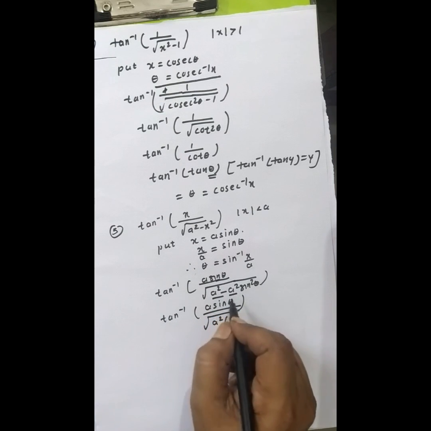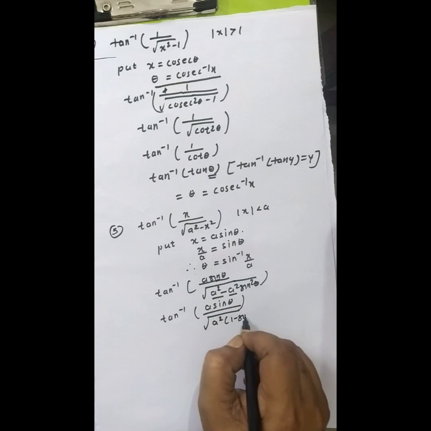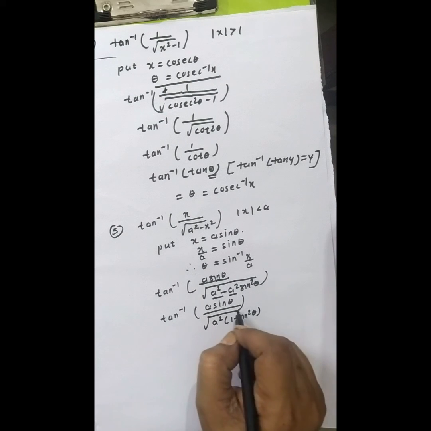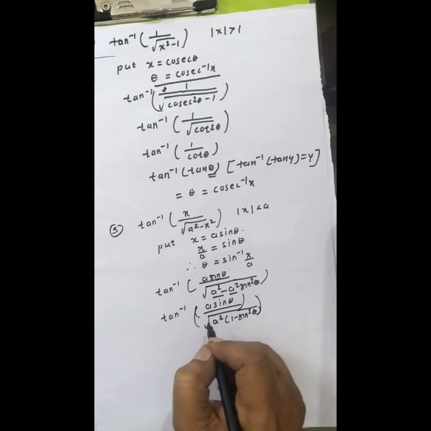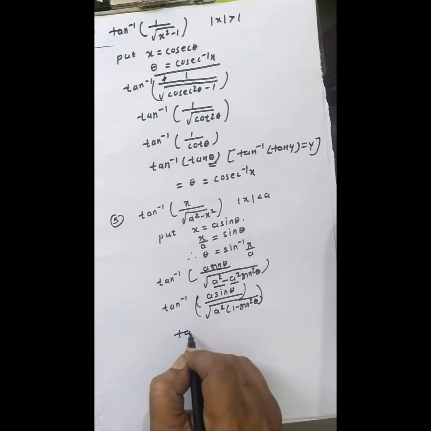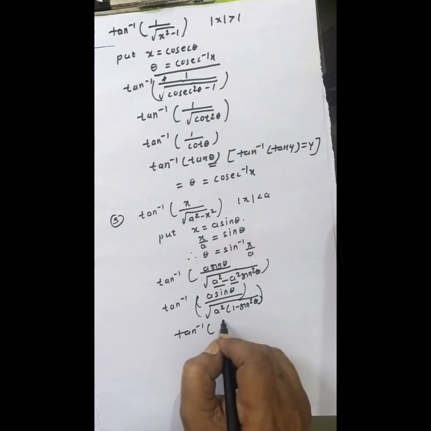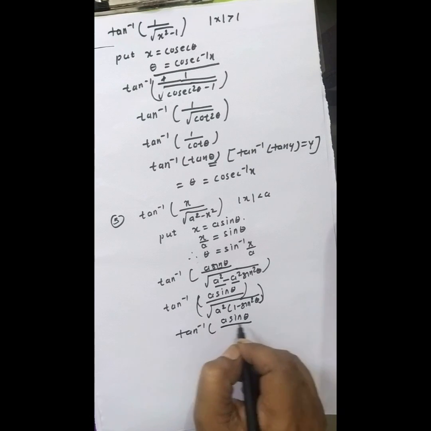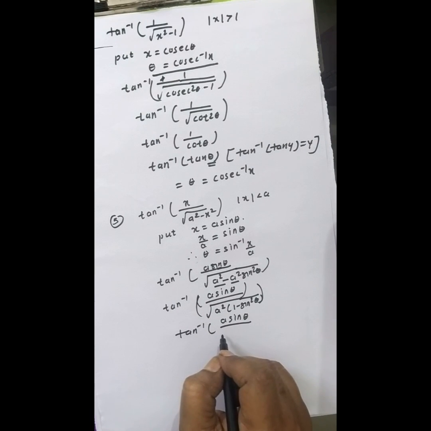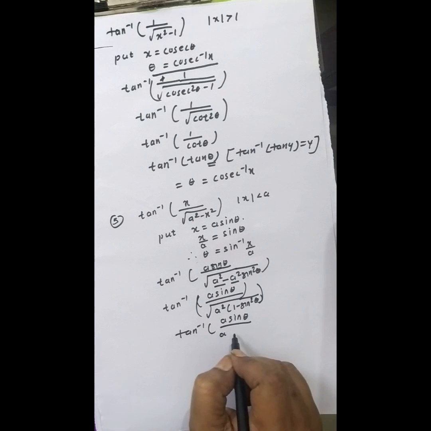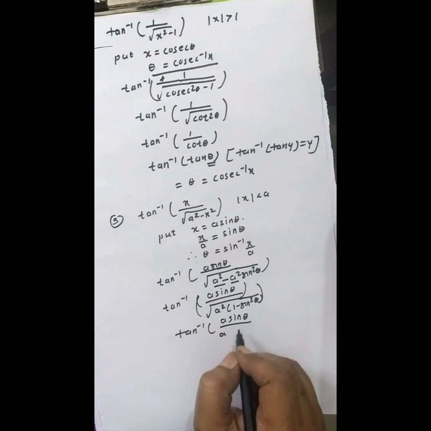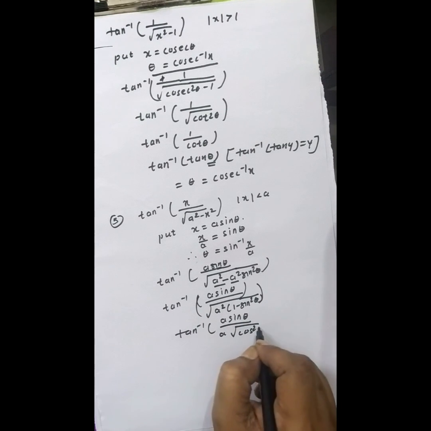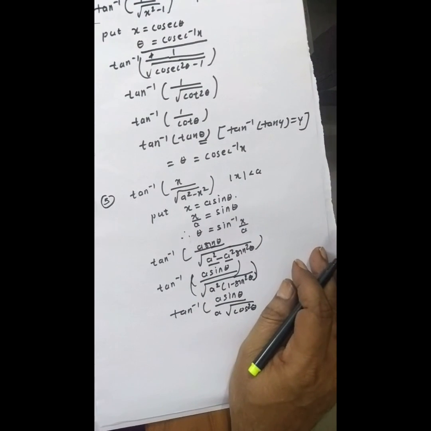If you take a square as common, a square into bracket 1 minus sin square theta. Now the numerator will be as it is a sin theta, and the denominator will be root of a square. If you bring outside root, it becomes a, and 1 minus sin square theta is root of cos square theta.